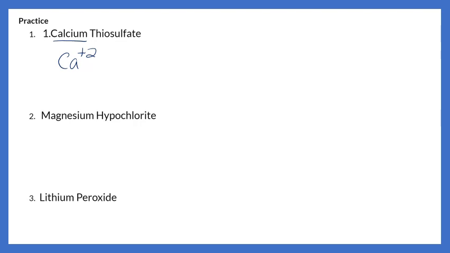Thiosulfate, to be honest, guys, without looking at the chart, and I don't have it in front of me, I am the worst. So I'll get you started. It's Ca +2. Now your job is to go find what thiosulfate is. Okay? Make sure that you have me check your answers.